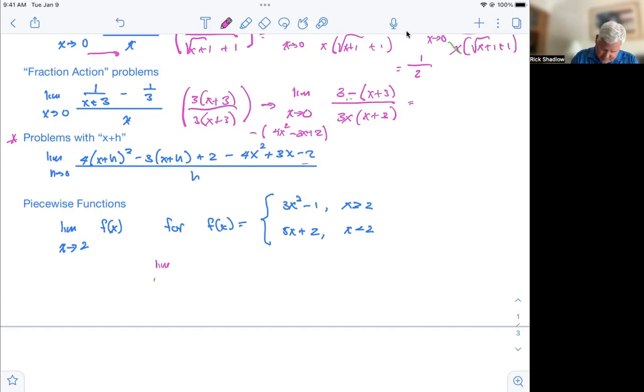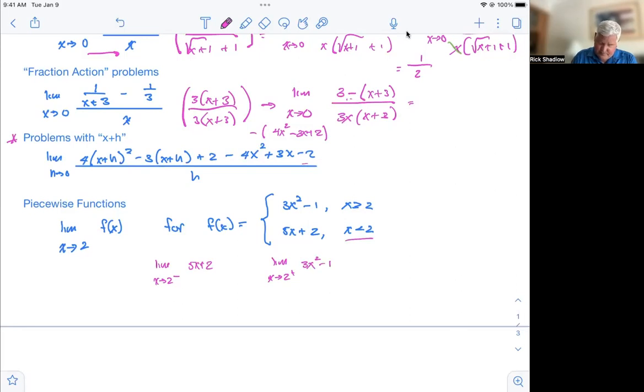So the limit as x goes to 2 from the left, I'll use the bottom of the two functions, for values as x is getting close to 2 from the left. That's the limit of 5x plus 2. And compare that to the limit as x goes to 2 from the right. For values bigger than 2, I'm taking the limit of 3x squared minus 1.